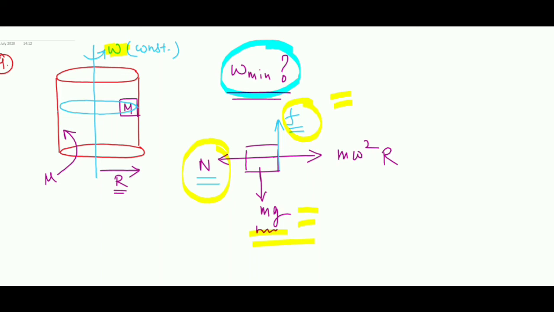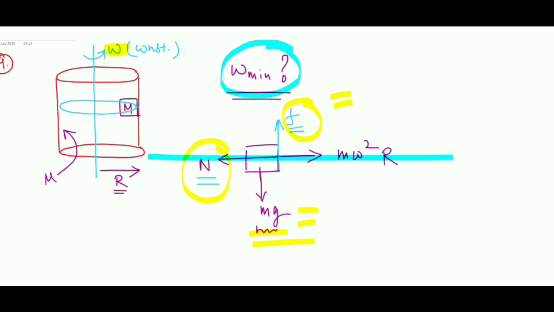To apply maximum friction, the value of friction should be mu into n. Now n is equal to m omega square r, because if I apply the pseudo force along this line, the forces should be balanced, so normal equals m omega square r. Don't you think this normal depends on omega?